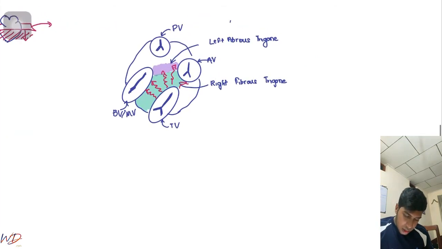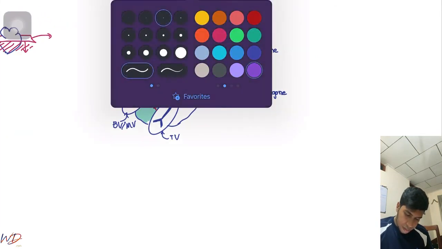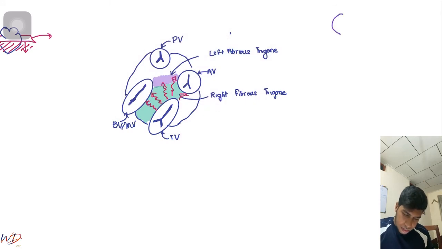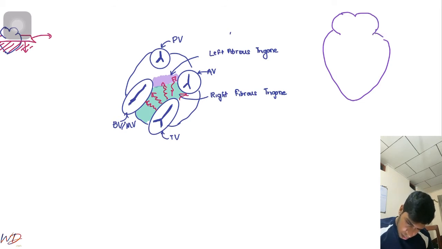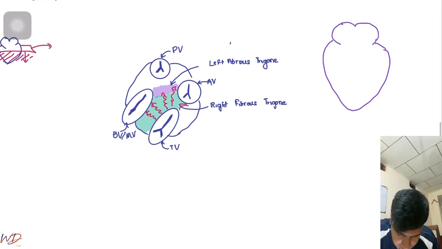So, what is the conduction system of the heart? Here is the SA node. Over here is the AV node.